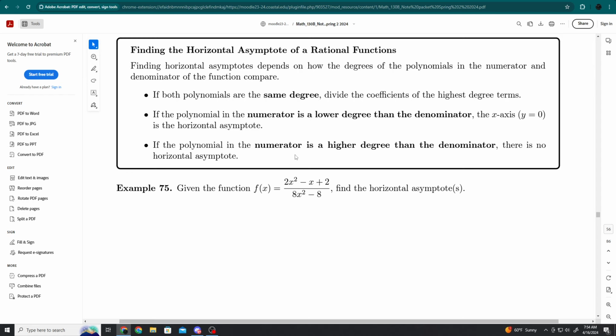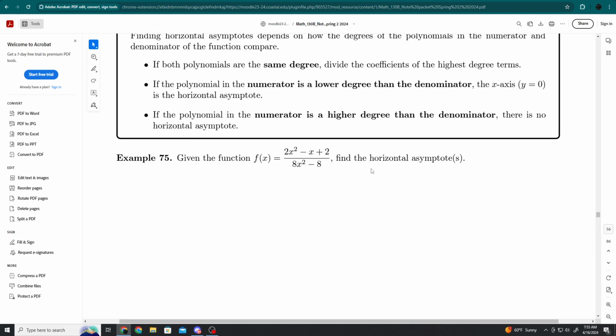Or is the numerator actually the larger exponent? In these 3 cases, you're going to do one of 3 things. If they're the same, you divide coefficients. If the bottom's larger, it's just 0. If the top's larger, there's none. That's it. It's not too bad.